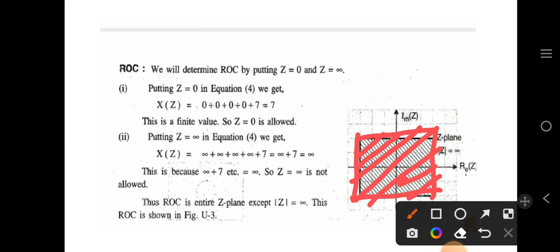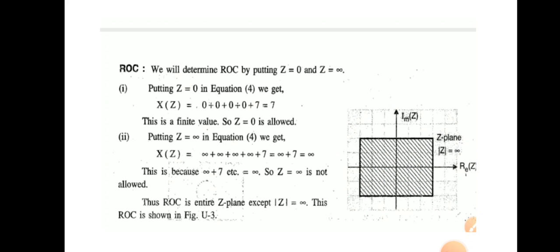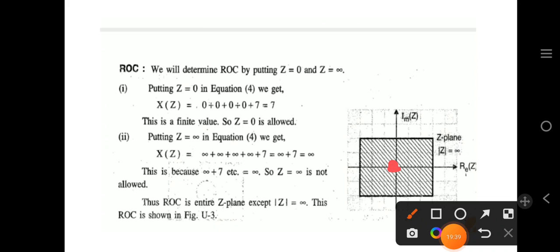The outer portion of this z plane is the infinite plane, and the center of the z plane is the value z equals 0. While plotting the ROC, we need to see only in which portion the z transform is allowed. According to that, we have to plot the z plane ROC. So this is all about the second problem.